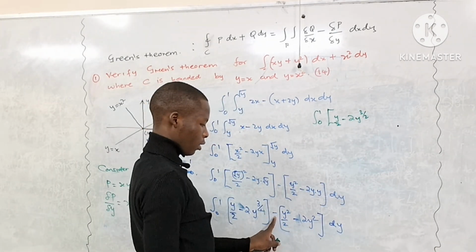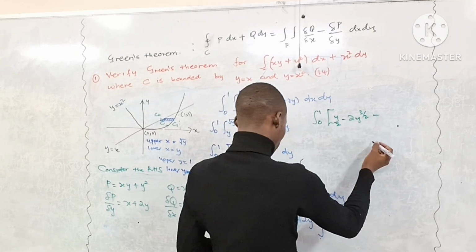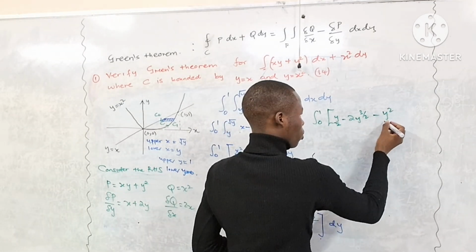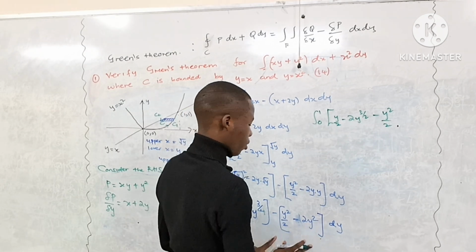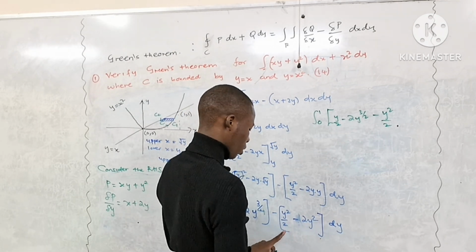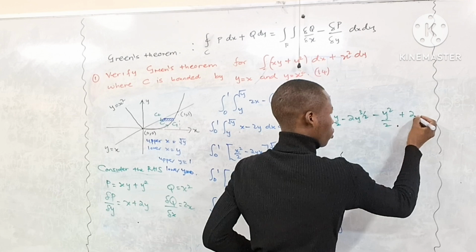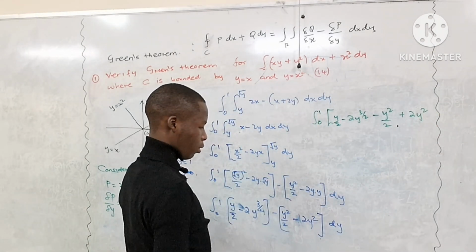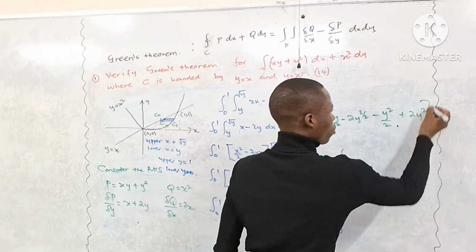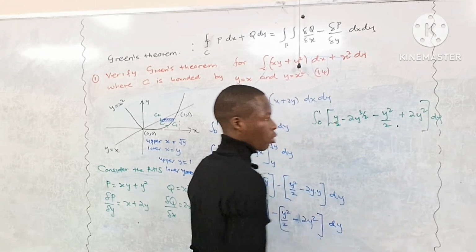If you simplify this, this is negative y squared by 2. You can solve here, but I'm going to write it like this: negative y squared by 2 plus 2y squared. This is positive 2y squared with respect to y.